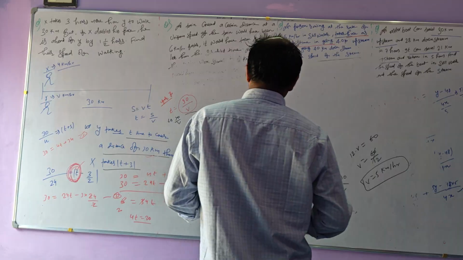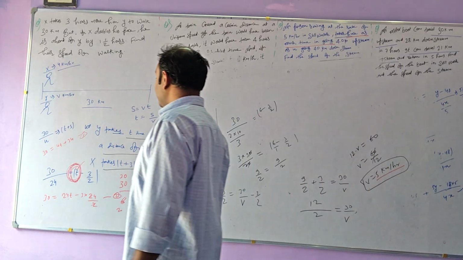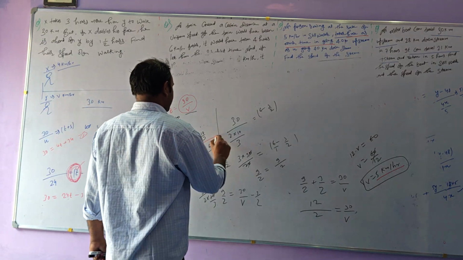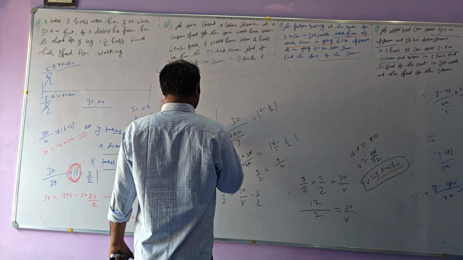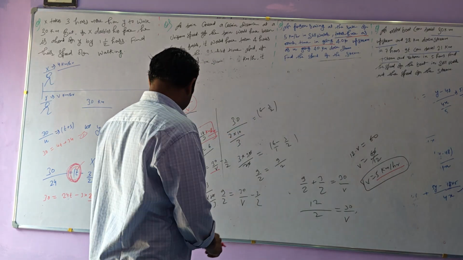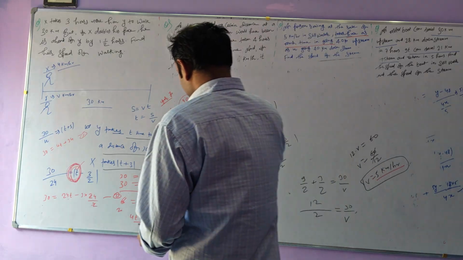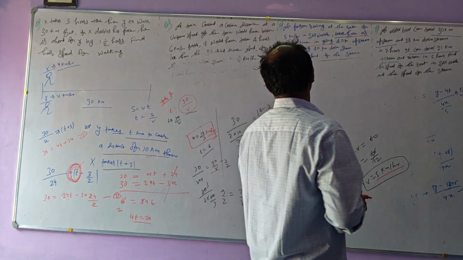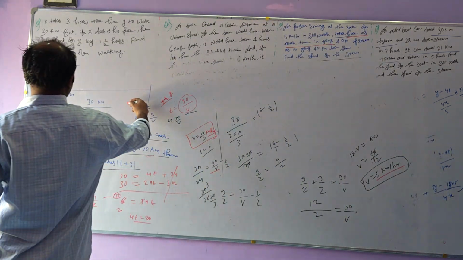So we finally get a result of v is equal to 5 kilometer per hour and u is equal to 10 upon 3 kilometer per hour. We just solve in this way. Otherwise, we also have the bookish method, just equation-wise, just put it.